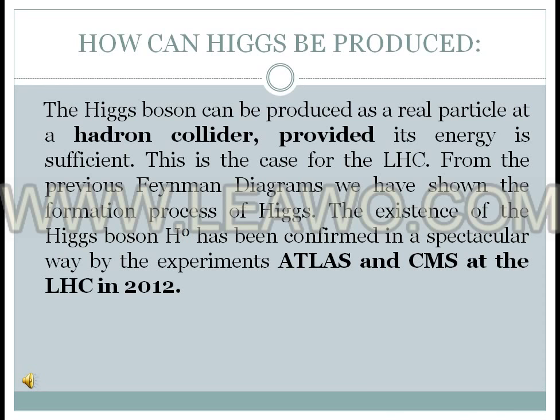This is the case for the LHC. From the previous Feynman diagrams, we have shown the formation process of Higgs. The existence of the Higgs boson has been confirmed in a spectacular way by the experiments ATLAS and CMS at the LHC in 2012.